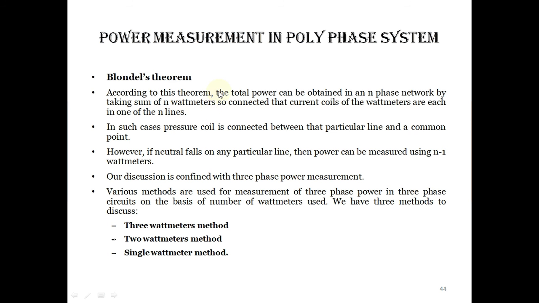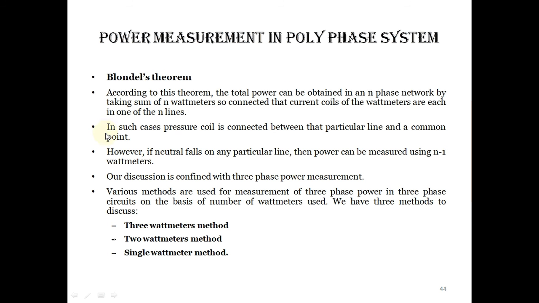Mind it, if the number of phases is n, the total power can be measured with n wattmeters, connected so that the current coils are each in one of the n lines. So if there are 5 lines, there have to be 5 current coils, meaning 5 wattmeters. That is the statement of Blondel's theorem.